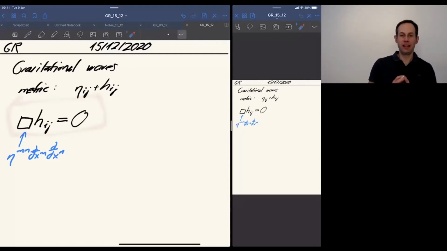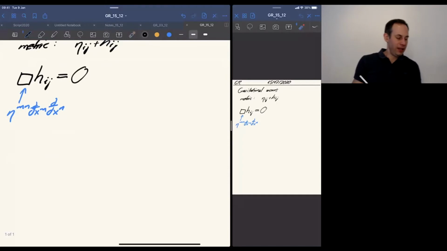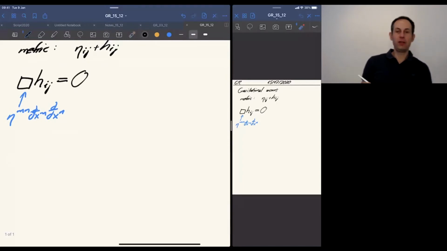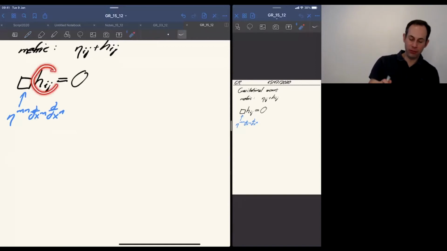I just take this as given for the moment and refer to this exercise sheet of this week. And maybe I'll also make a remark just to make sure you can make the connection to the exercise sheet. It turns out to be convenient to introduce another quantity to represent h. And this other quantity is called gamma.